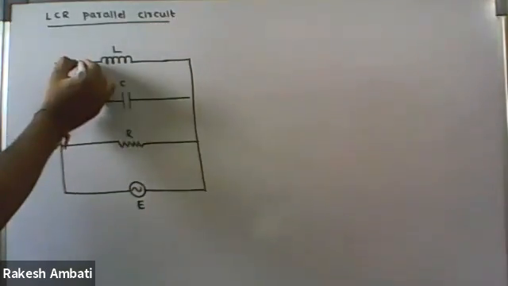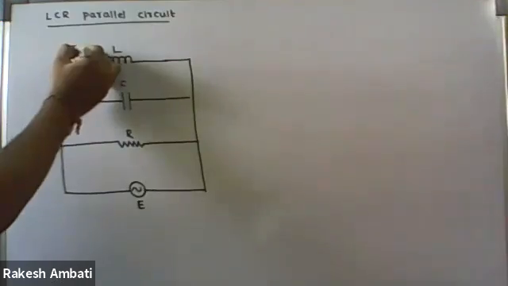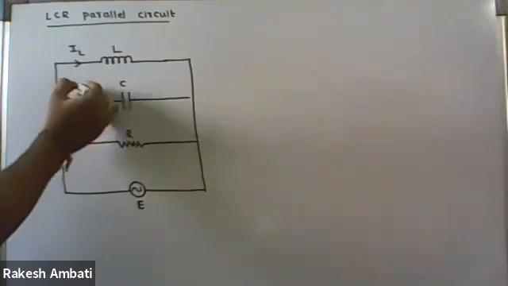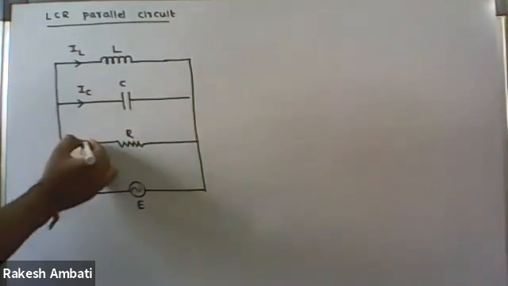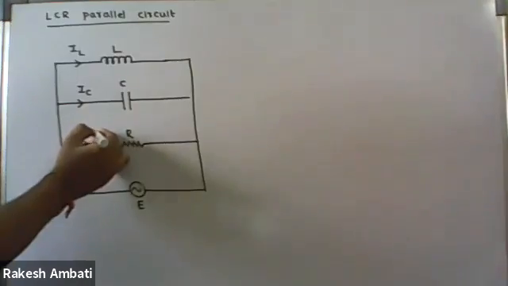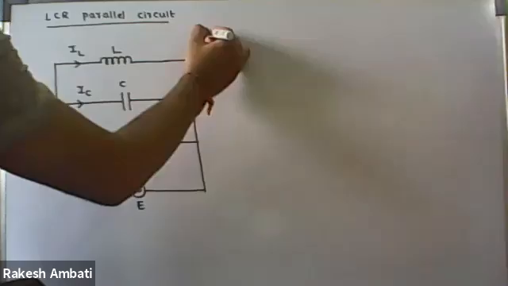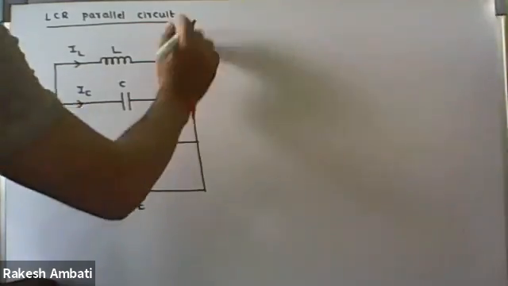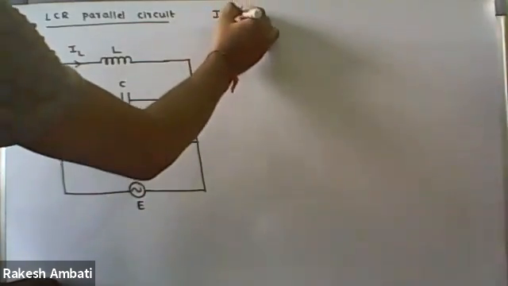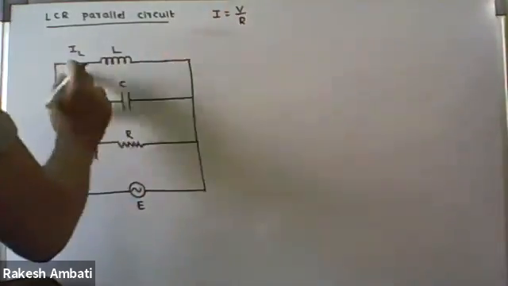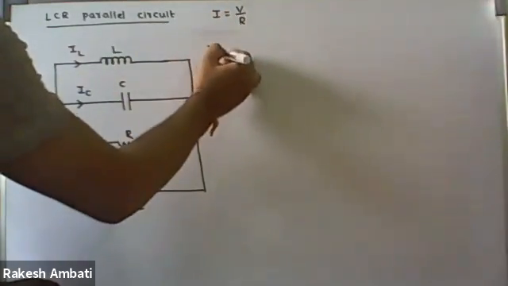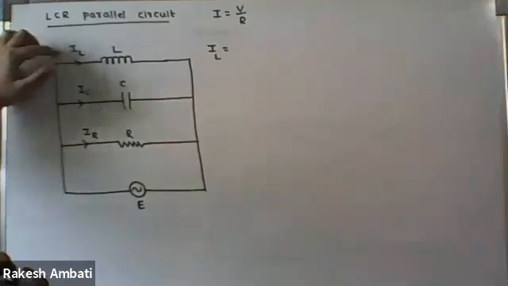For example, here it is current passing through inductor, current passing through capacitor, and current passing through resistor. You know how to write IL. You follow Ohm's law, I equal to V by R. So how to find the current passing through inductor IL?